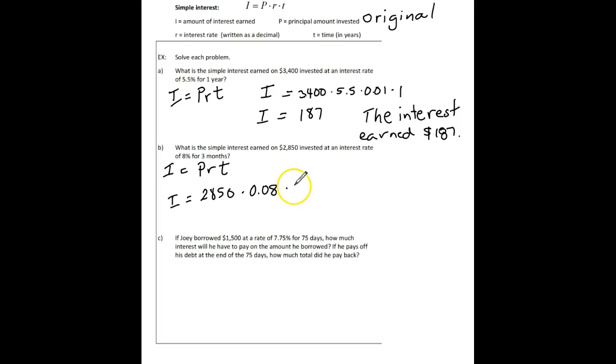How much of a year is that? Well, if you're unsure, you could list it as a fraction, 3 out of 12, because we know that 12 months is total. If it were a whole year, or 12 months, 12 out of 12 would equal 1. But in this case, we're only doing part of a year, 3 months, 3 out of 12. Okay, so then we go ahead and we multiply it all out. I'll give you a second to do that.